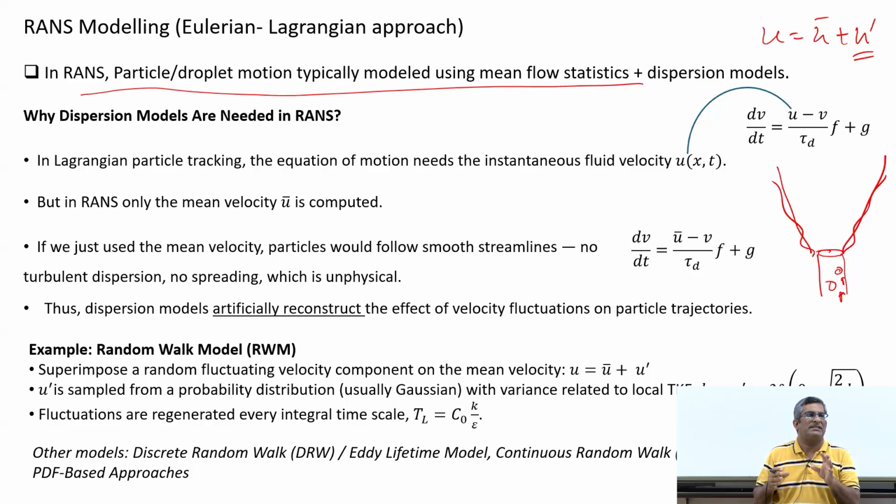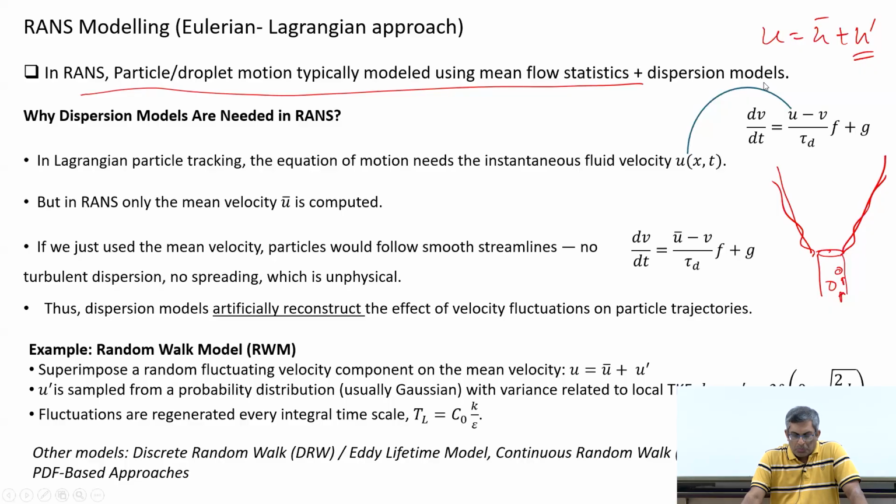You will not see any fluctuations in the particle trajectory, and also many effects such as the turbulent dispersion of particles, you will not see those. Which is incorrect. Means you cannot predict the true behavior of the particles.